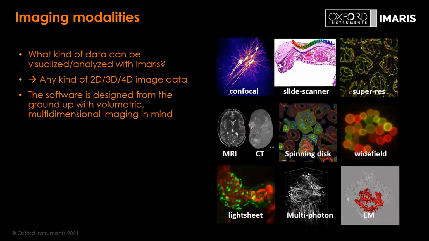But we also work with electron microscopy, MRI, CT, micro CT, slide scanner, immunohistochemistry slides. So any 2D, 3D, and 4D image data can be input into the IMARIS software and worked with. Especially now with the advancement of machine learning techniques, it's much easier and more streamlined to work with non-fluorescent images in IMARIS.